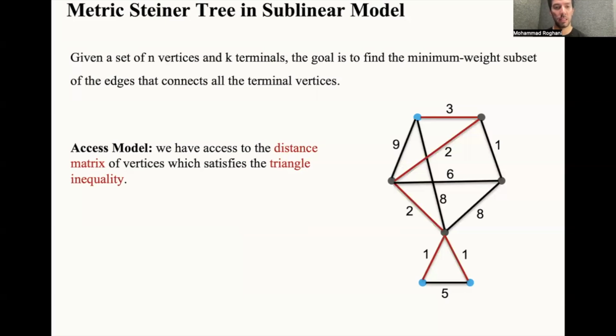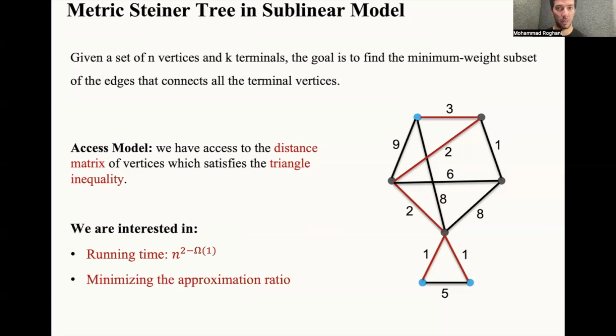We also assume that the distance matrix is a metric, so it satisfies the triangle inequality. Because the distance matrix has n squared elements, and we are thinking about the sublinear model, we want to design an algorithm that works in subquadratic time. We also want to minimize the approximation ratio and get closer and closer to the optimal solution.